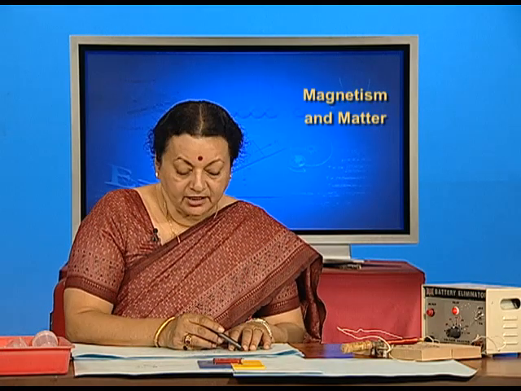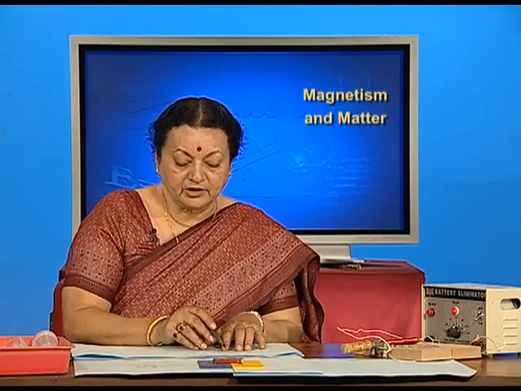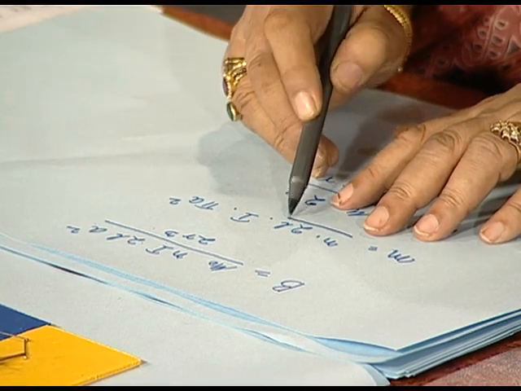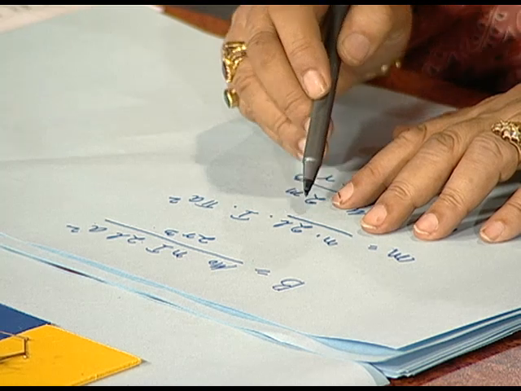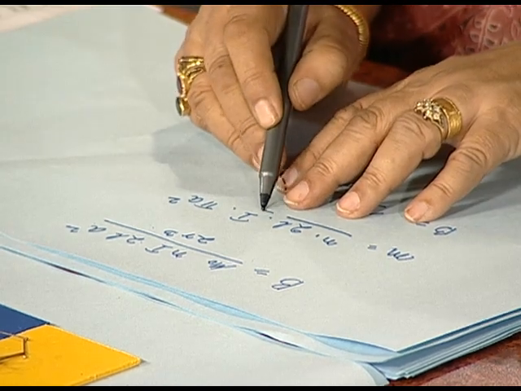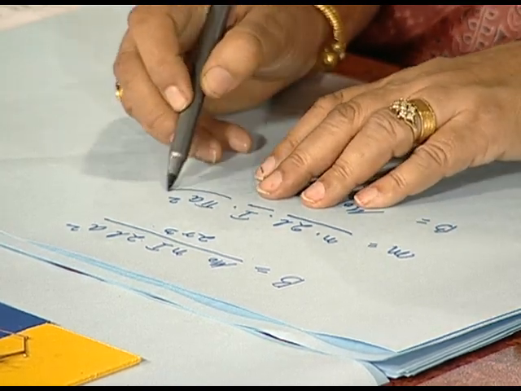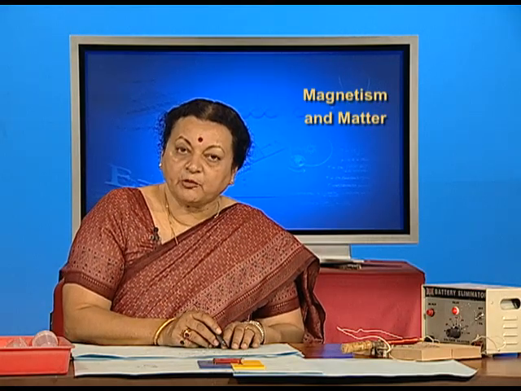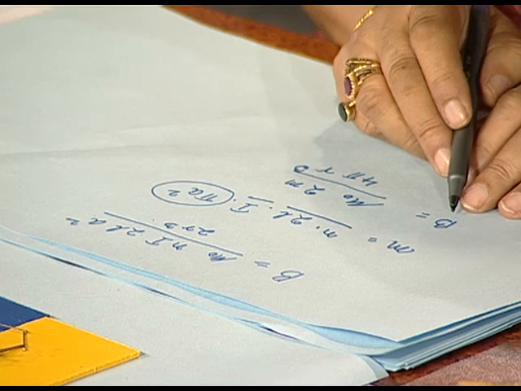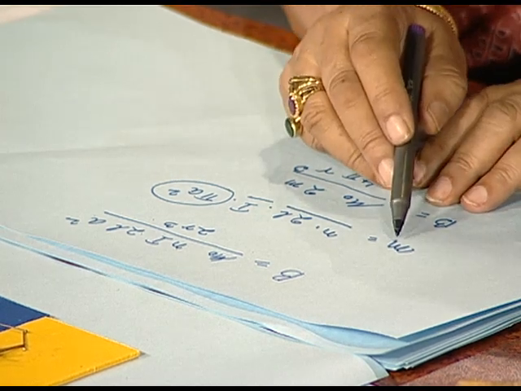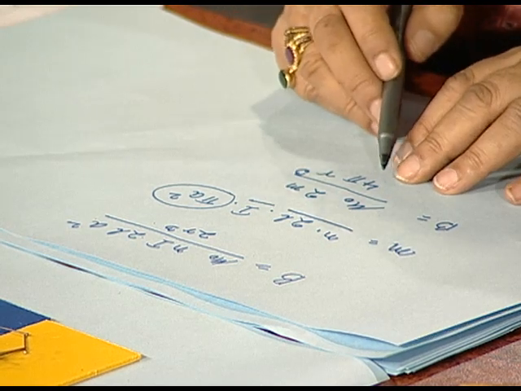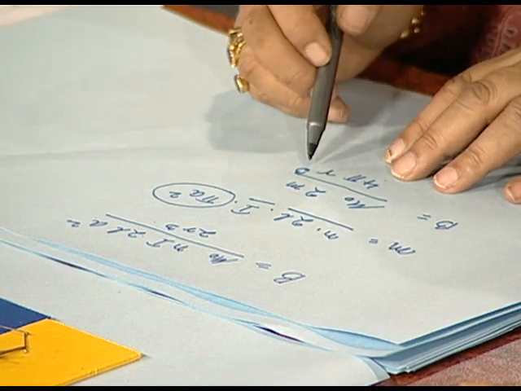We had already talked about the magnetic moment being equal to the number of turns, which is n into 2L, current flowing through the loop, and the area vector. This can be, the formula can be now written for B in terms of magnetic moment as mu naught 2 m upon 4 pi r cube.